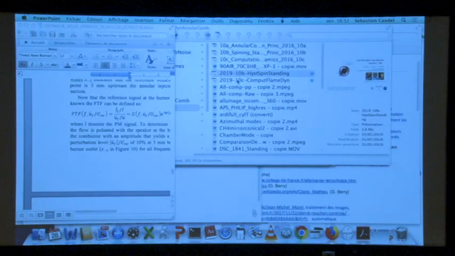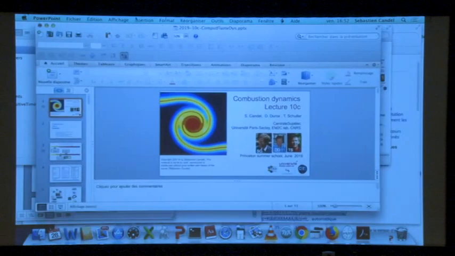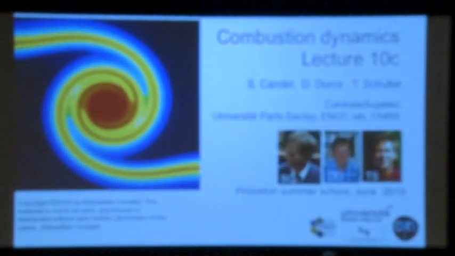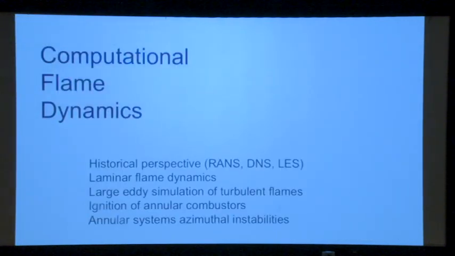The next is to tell you a little bit about computations, because we've seen already an example where computations, full computations, can be very useful. So I'll give you a small historical perspective on computations, and then look at dynamical problems.